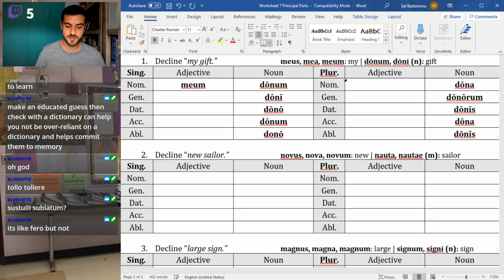So they shall live together in perfect harmony using the exact same endings, and life is good. Meum donum, mei doni, meo dono, meum donum, meo dono, mea dona, right? They all have the same endings. And sometimes that happens, and that's fine.